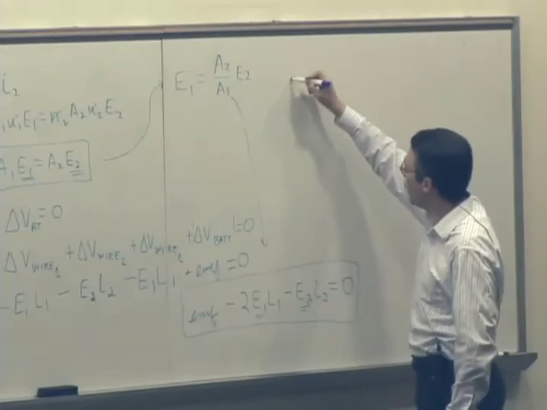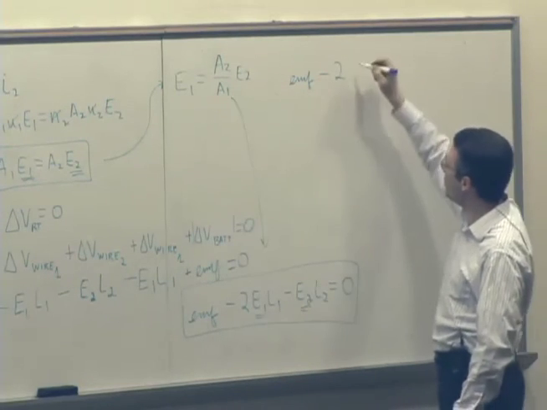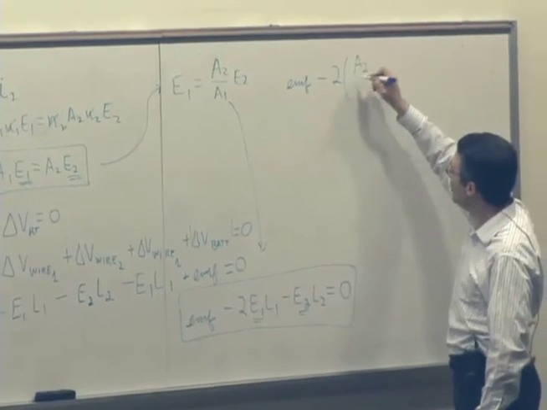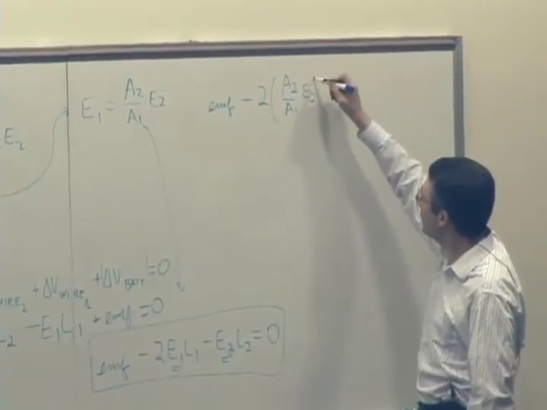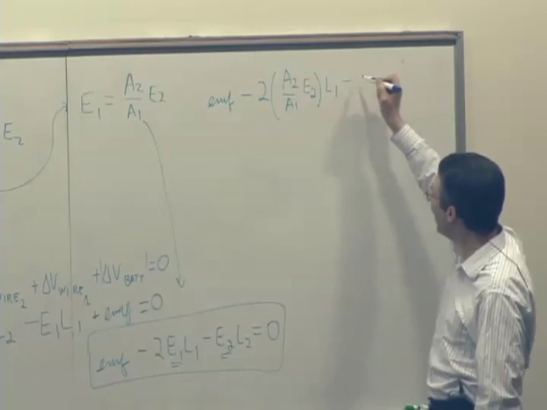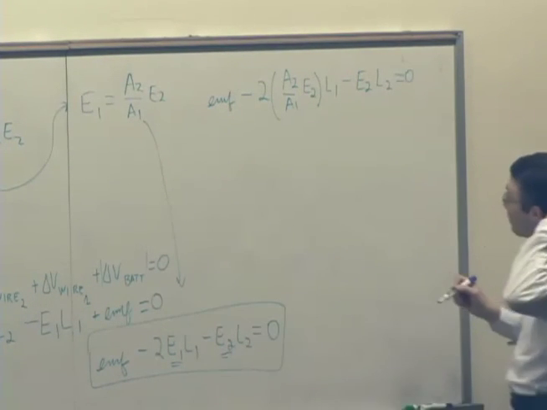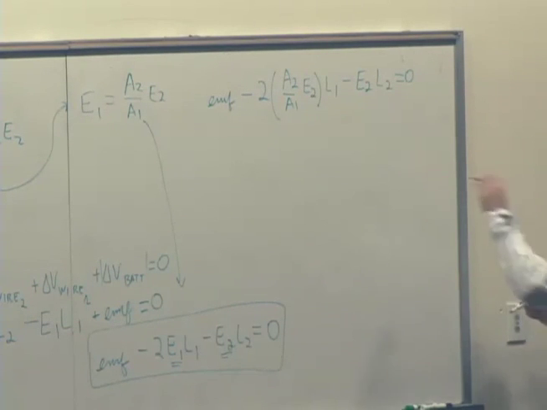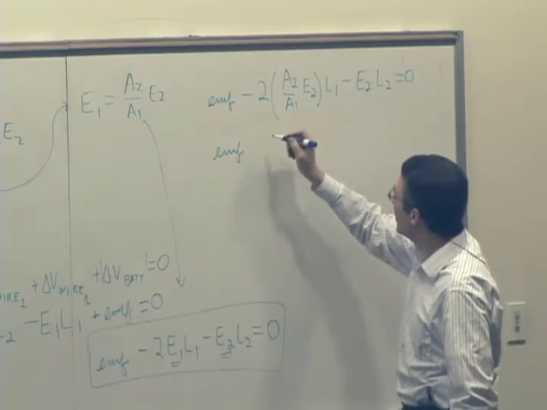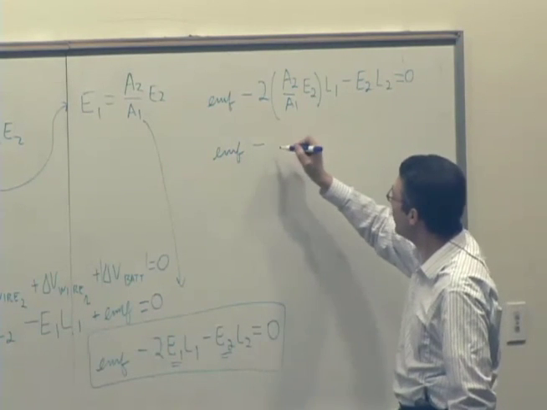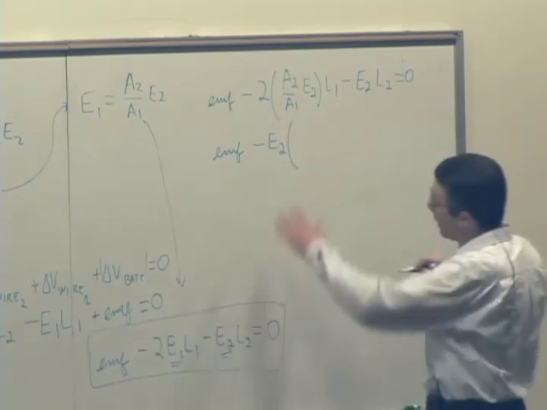So I'm going to have the EMF minus 2 times this result, A2 over A1 times E2, all times L1, minus E2L2, and that's equal to 0. I'm going to factor out E2 as the common term here, and a negative sign as well.